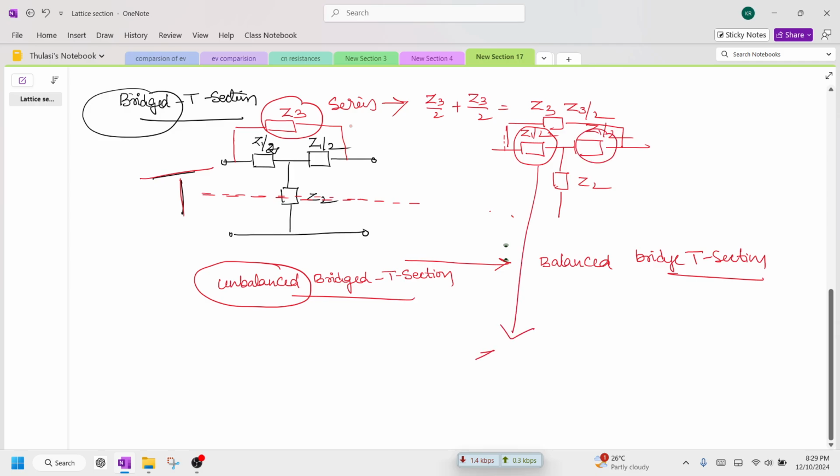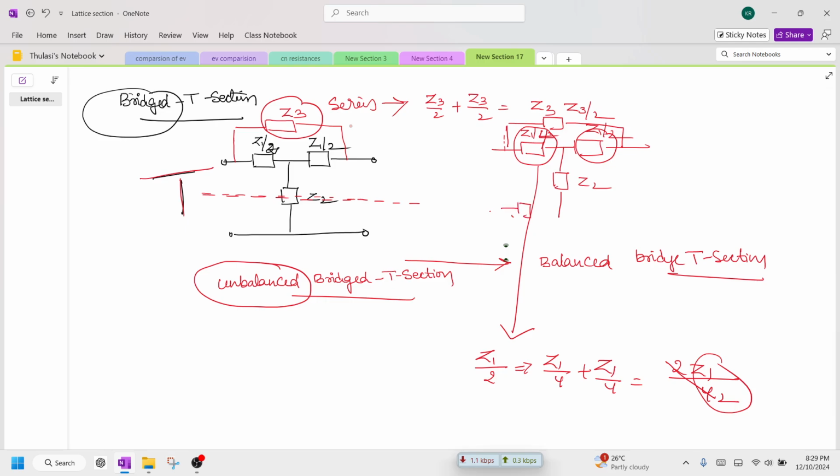This Z1 by 2 I can make into two halves, and this is a series arm. So this Z1 by 2 I can write as Z1 by 4 plus Z1 by 4. If you take the LCM as 4, this is 2 Z1, which is also Z1 by 2. I write Z1 by 2 as Z1 by 4 in the upper part and the next Z1 by 4 in the bottom part.